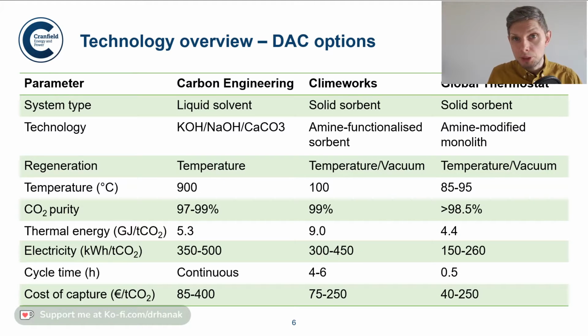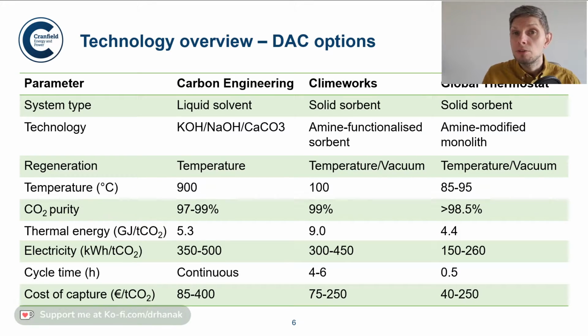In terms of cost of capture, of course, this is the main challenge, right? In terms of how much they estimate the future price would be, we could go below 100 euro per ton of CO2. This is quite promising, I think, because it's almost equivalent to what we see in the EU ETS market right now, where prices are above 95 euro per ton of CO2.